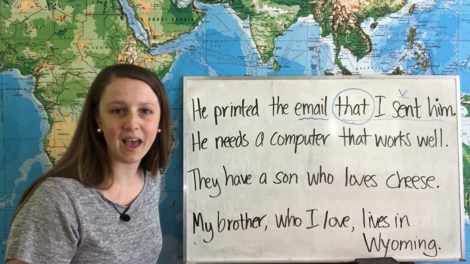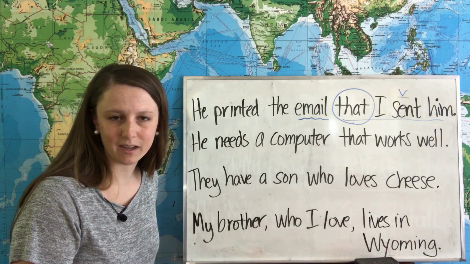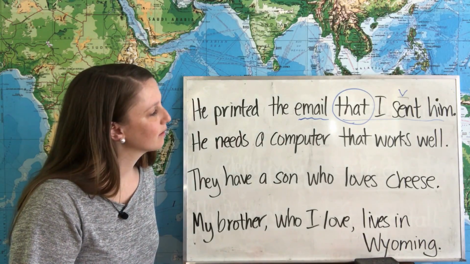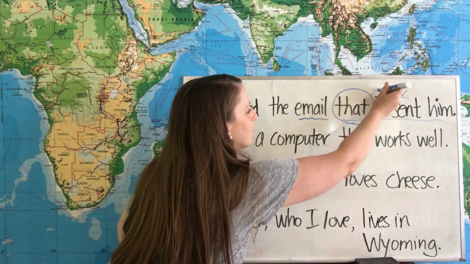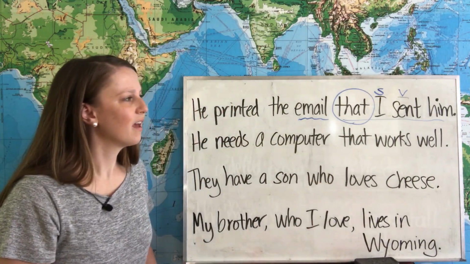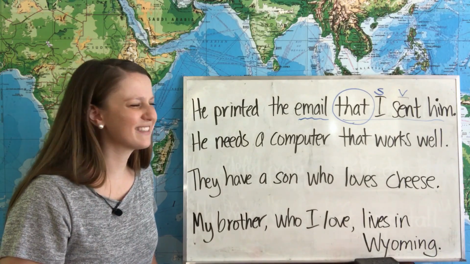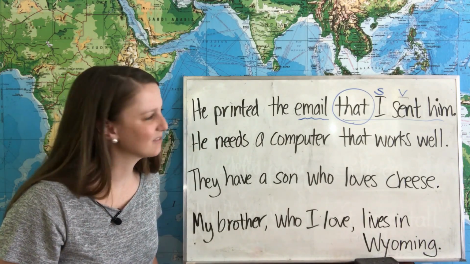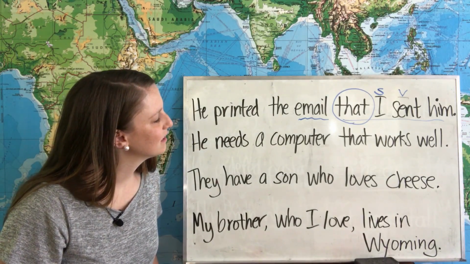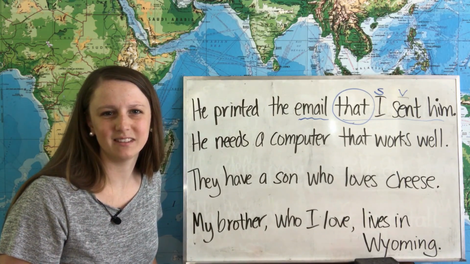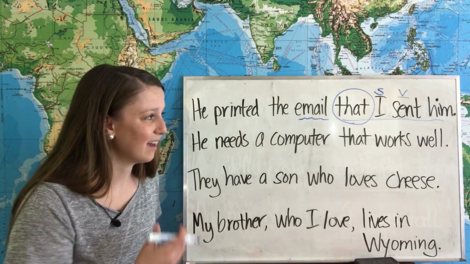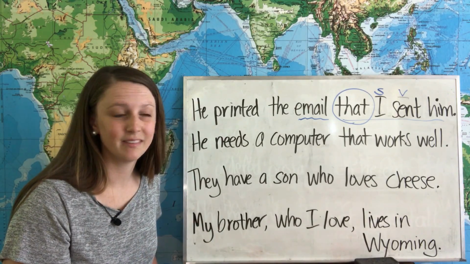And now that we have our verb, what is the subject for that verb? I sent him. And what does that mean in this sentence? The meaning of that in this example is the email, right? I sent him the email.